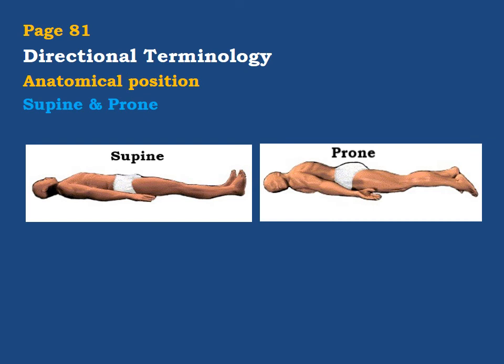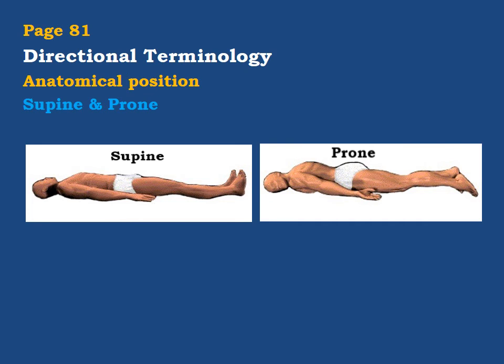Now, other directional terms, we have supine and prone. What is meant by supine? You can see the figure. If the person is lying on his back, we call this position supine.